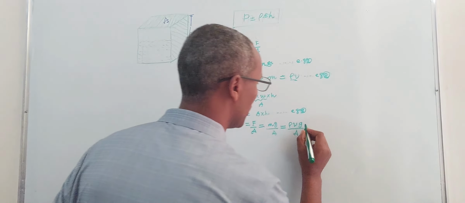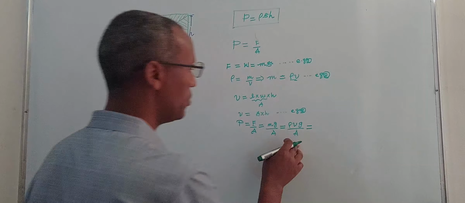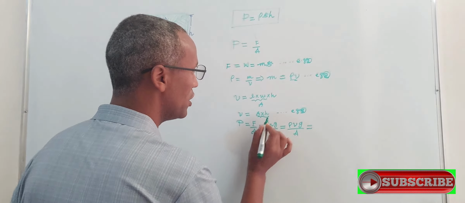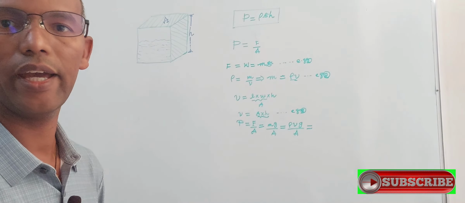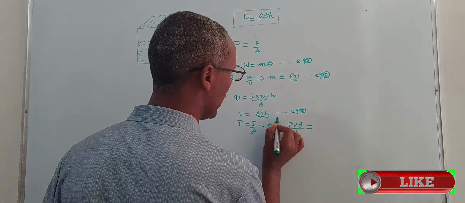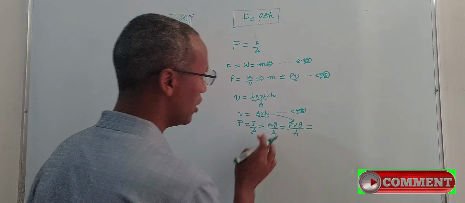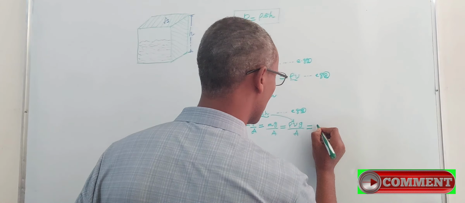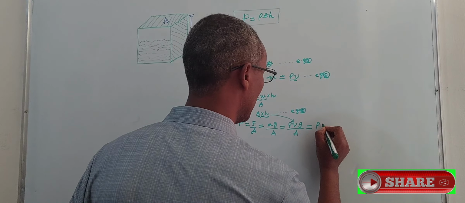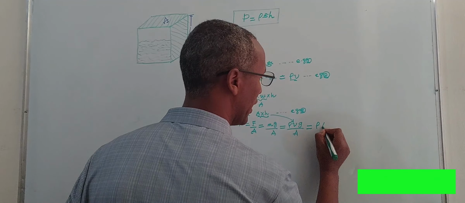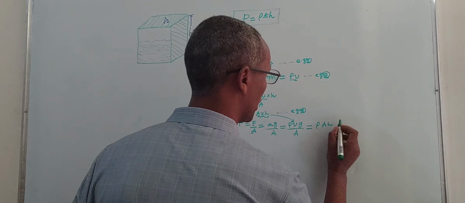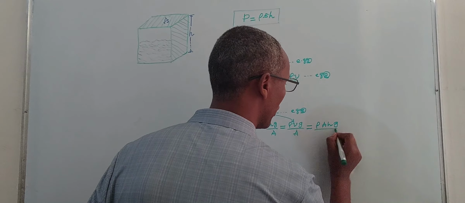Now, from equation 3, the volume of an object is equal to area multiplied by height, right? So you can plug this in. You will get density multiplied by volume, which means area times height times acceleration due to gravity, over area.